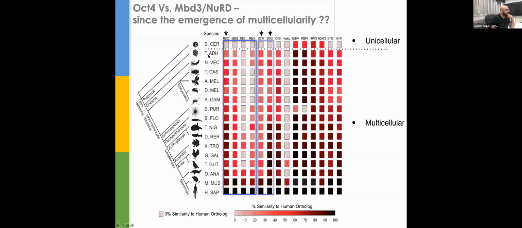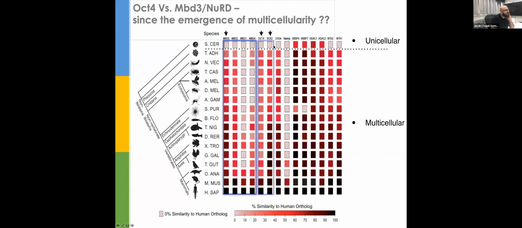Here you have representation of multicellular organisms back to the earliest ones, perhaps T. adhaerens. And again, we're looking at Homo sapiens, the humans, and we have values of how much homology to the human sequence there is. We analyzed multiple unicellular organisms. They were all the same, and we just put here Saccharomyces cerevisiae as an example.